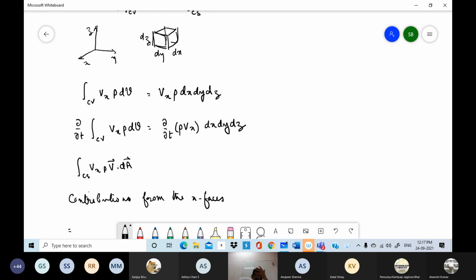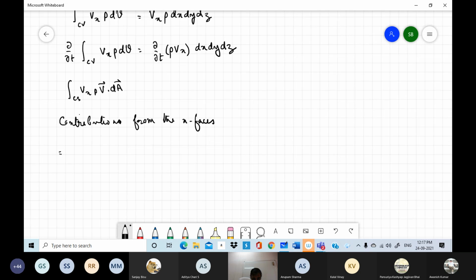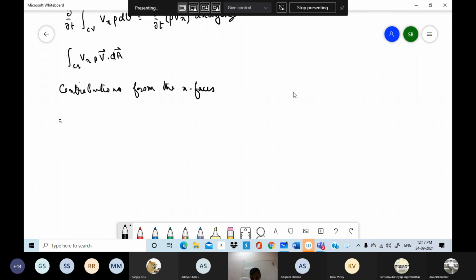So therefore, the V dot dA for, so let me consider the two x faces.